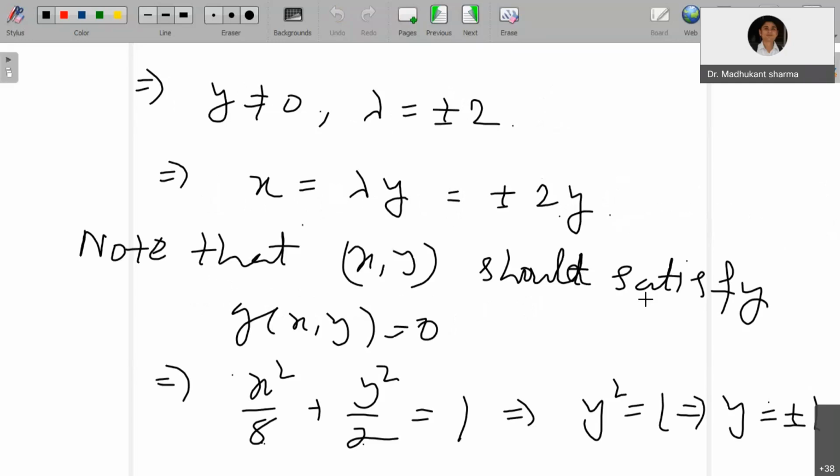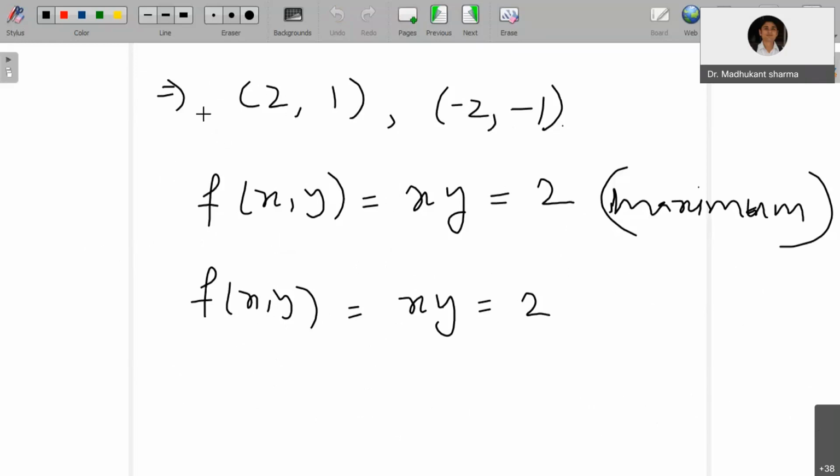For y equals 1, x is plus minus 2, right? Okay, so you have 4 points: plus minus 2 comma 1, and then it's going to be minus plus 2 comma minus 1, right?